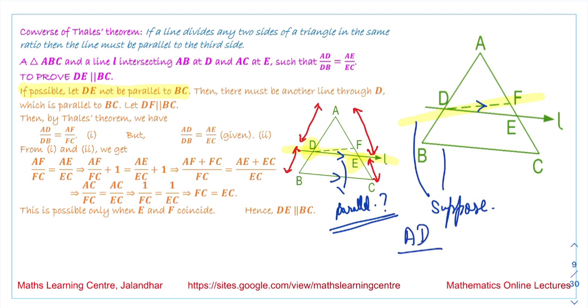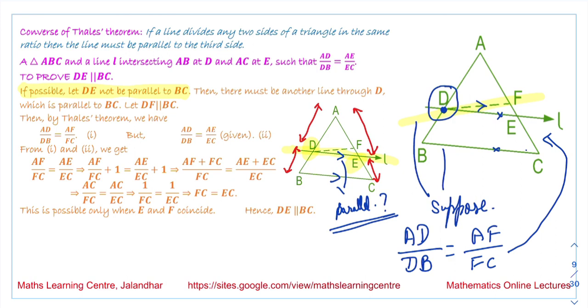How we have drawn this line: we have considered that these two lines are not parallel to each other, and we have drawn the line DF parallel to BC passing through the point D. Then by the basic proportionality theorem we have AD over DB is equal to AF over FC.